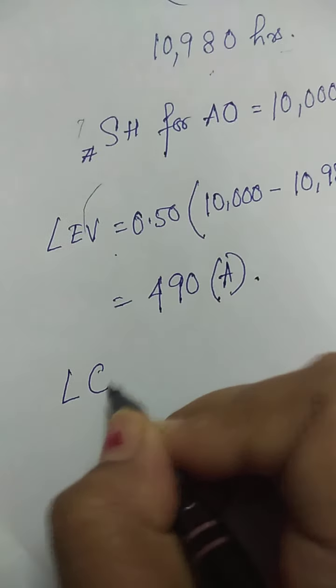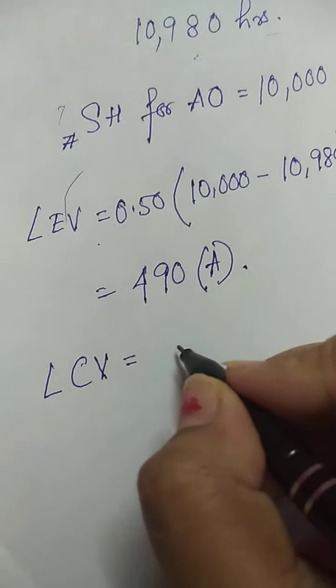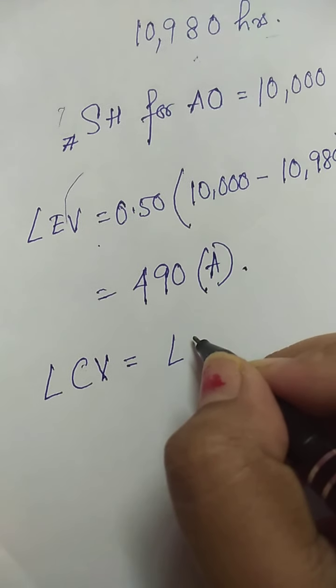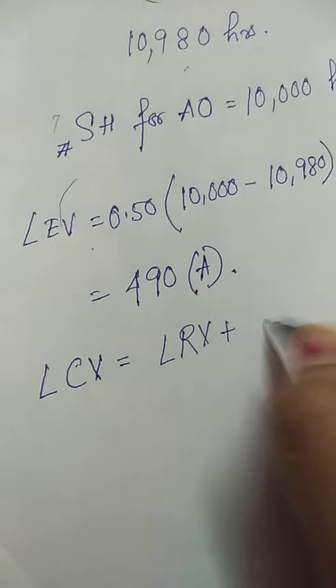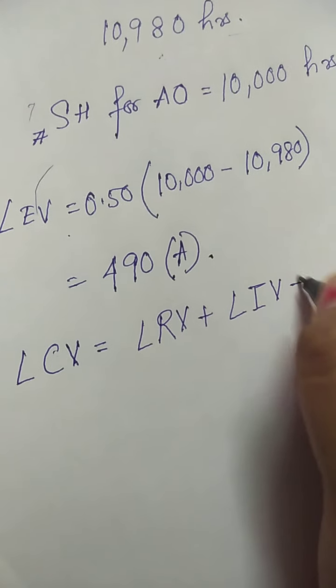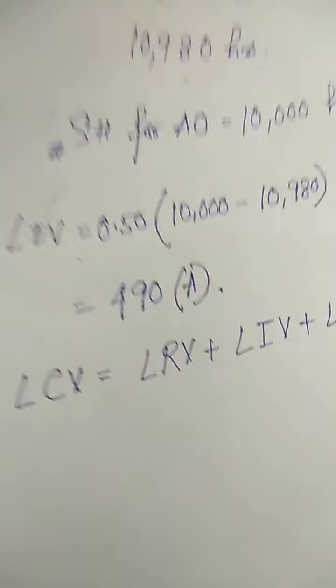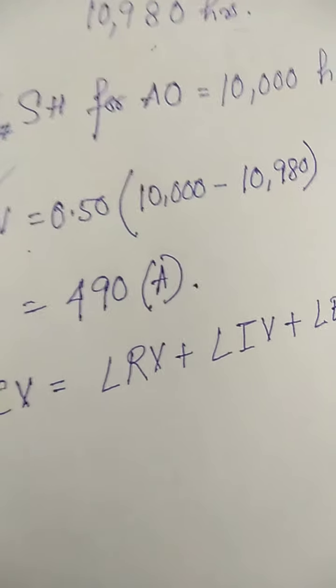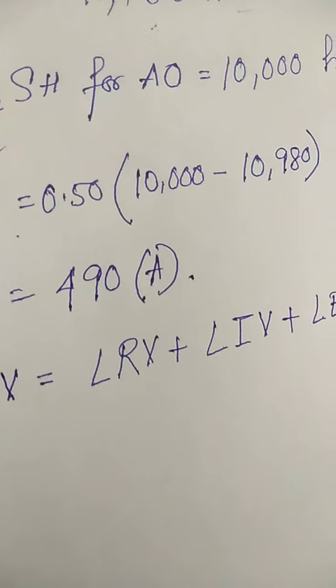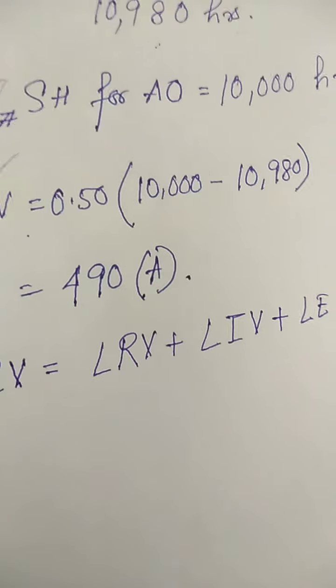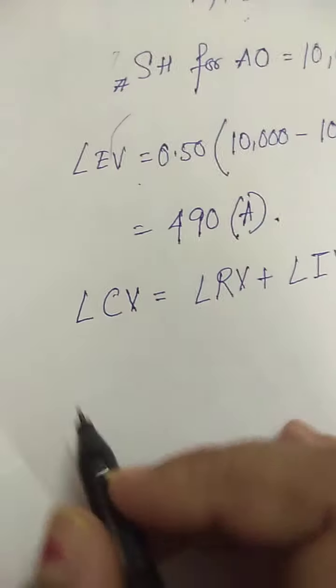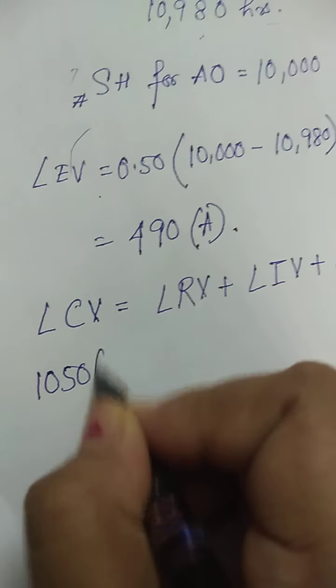Now, labor cost variance is equal to labor rate variance plus labor idle time variance plus labor efficiency variance. How much is my labor cost variance? Labor cost variance, as far as I remember, was 1050 adverse.